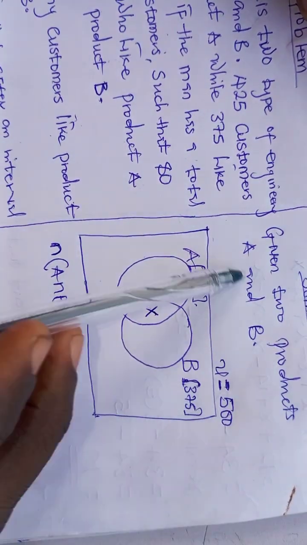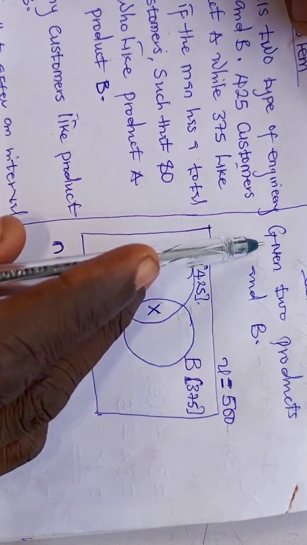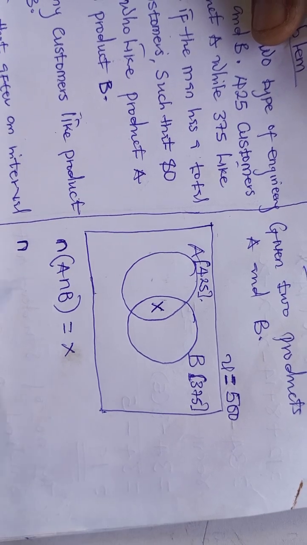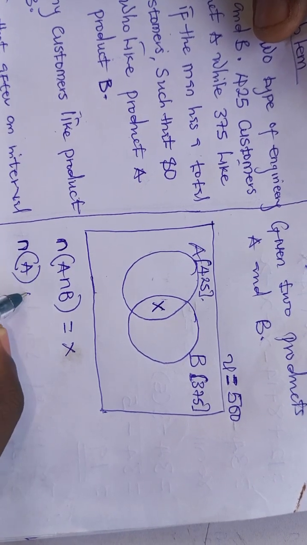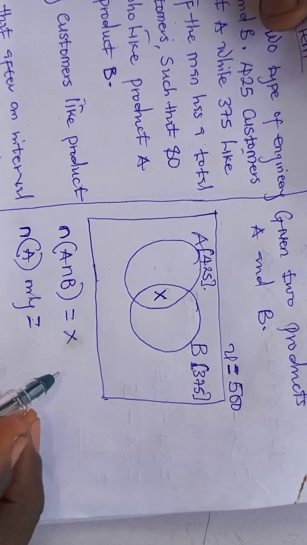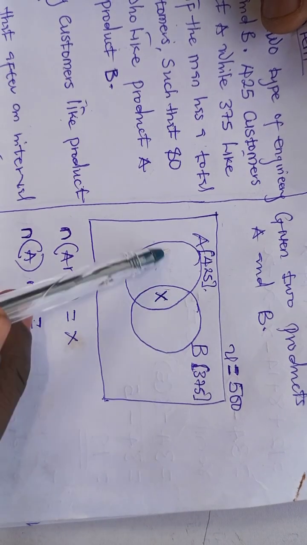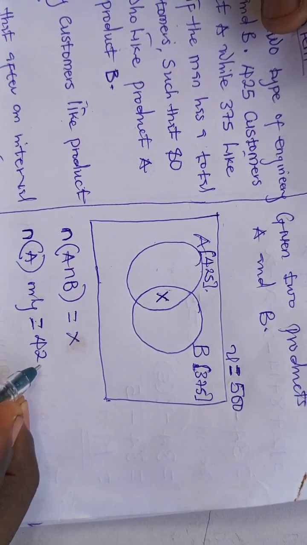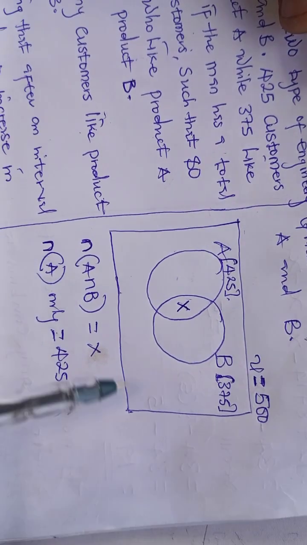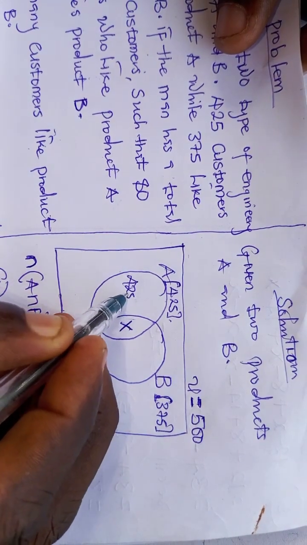The number of customers that like product A only will be equal to the number of customers that like product A minus the intersection of both, which is 425 minus x. So I'm going to represent that here, 425 minus x.